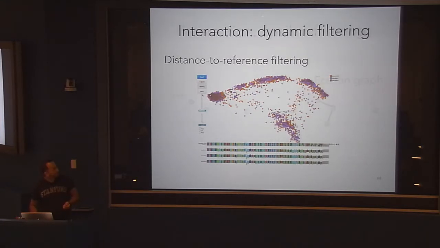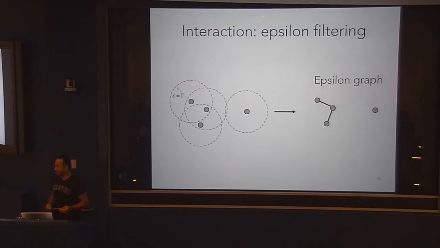Once we have distances, we can think about other ideas, other interactions. One of the interactions we came up with is not new in other domains of computer science, but probably new for data visualization and interaction. So let me introduce epsilon filtering. In order to understand epsilon filtering, you need to know what an epsilon graph is.